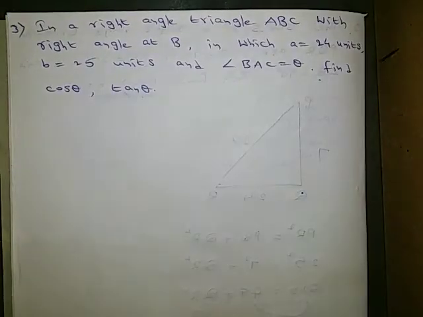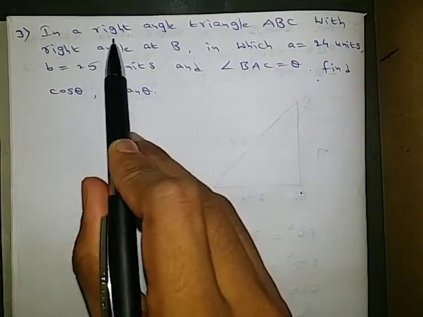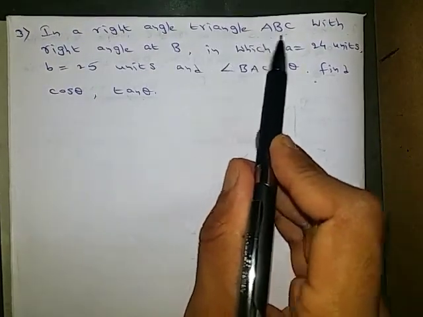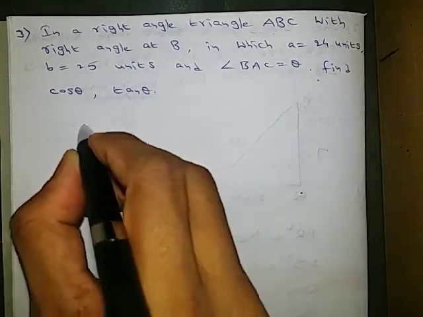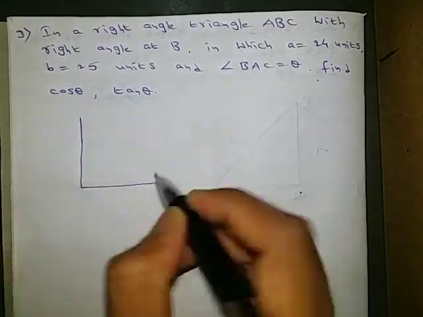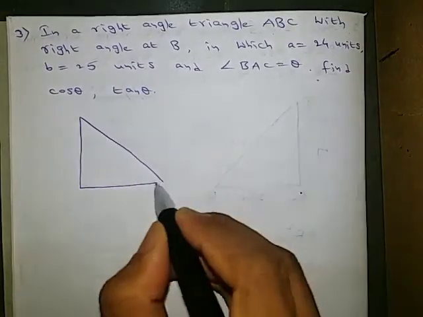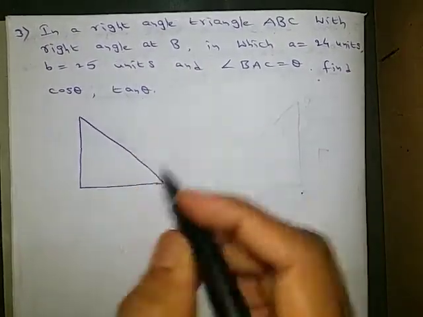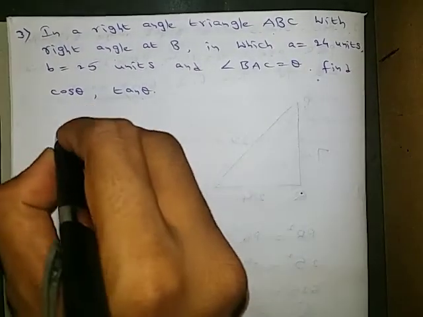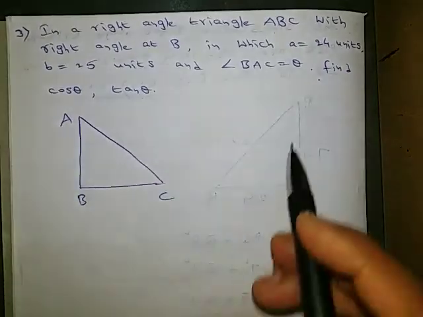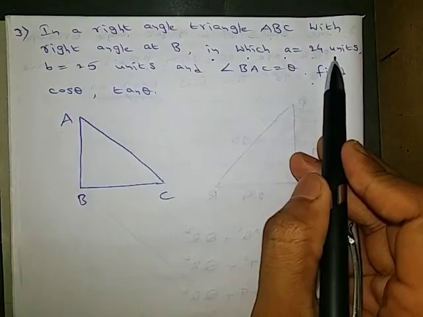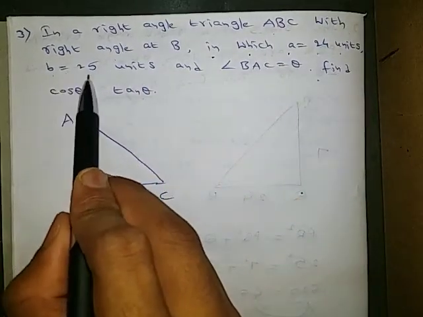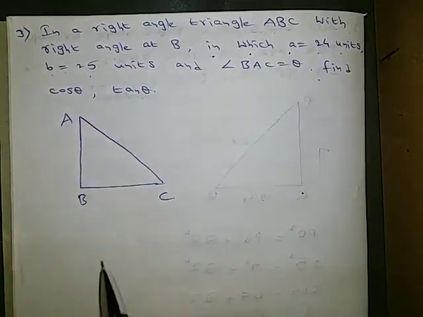Okay, the next question is: in a right angle triangle ABC with right angle at B. So we have one right angle triangle ABC, and he clearly mentioned that the right angle is at B. So this is B. The next will be A and C. Next, in which small a is equal to 24 units and small b is equal to 25 units.